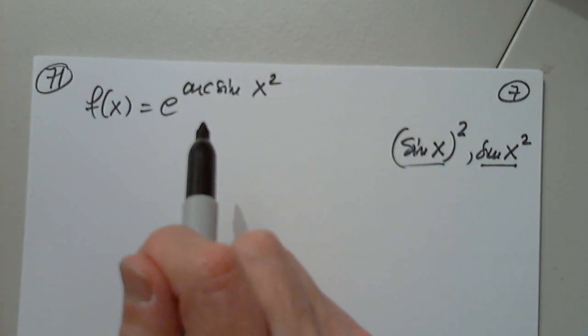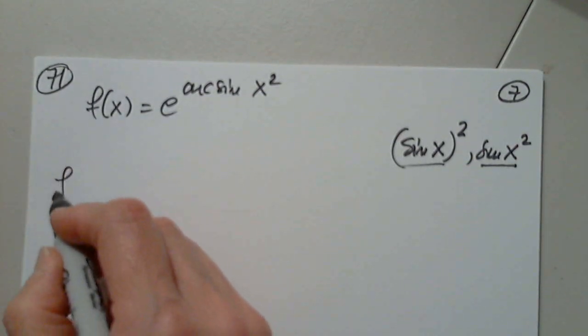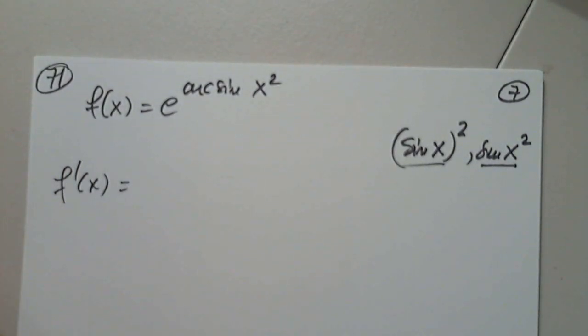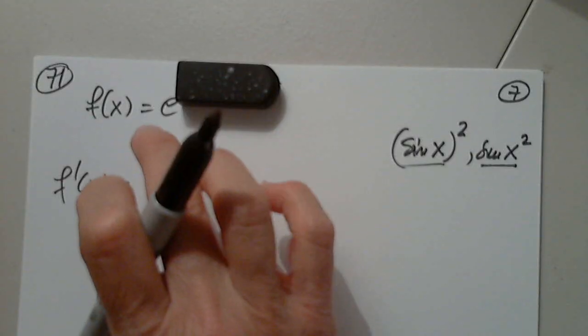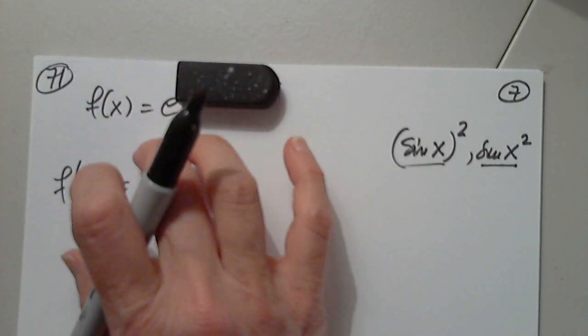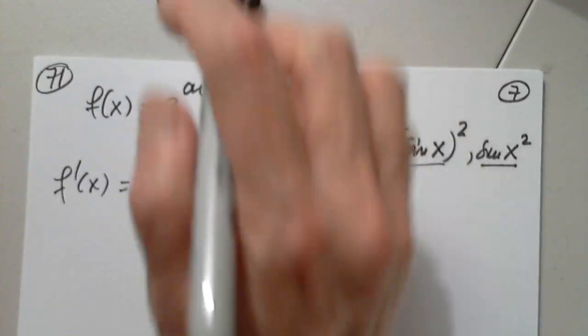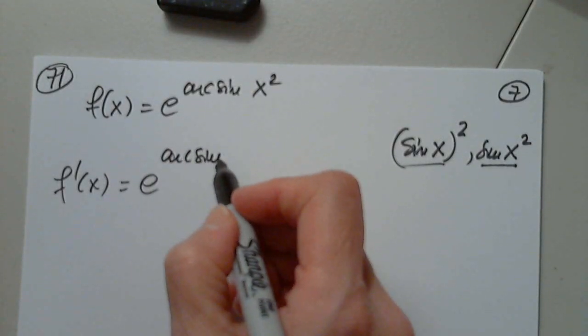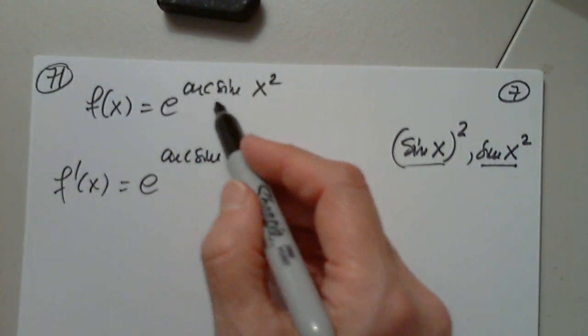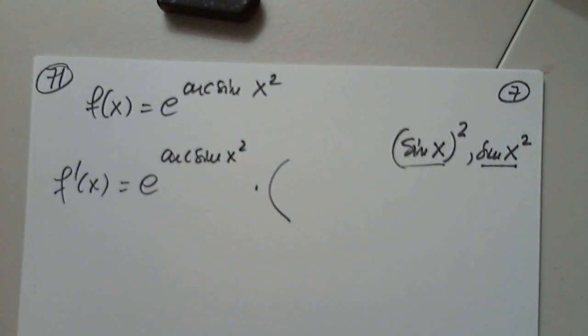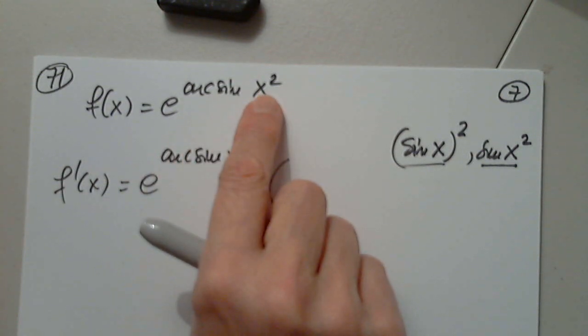So in order to differentiate this, I realize that this is e to a function. E to a function prime is e to that function times that function prime. So outer, inner.